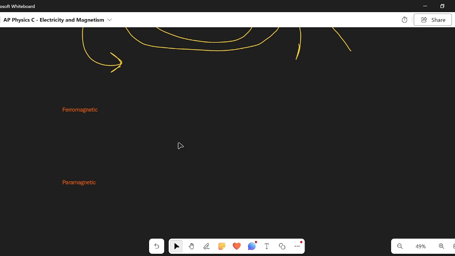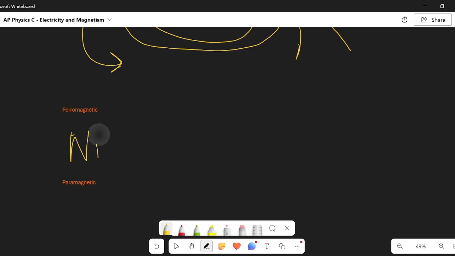Some examples of these are nickel, cobalt, and iron. These are three good examples of ferromagnetic metals.